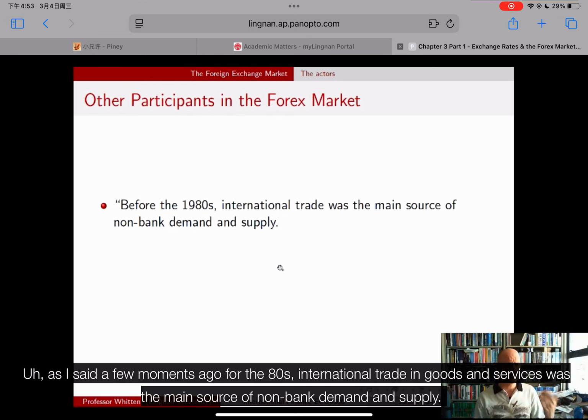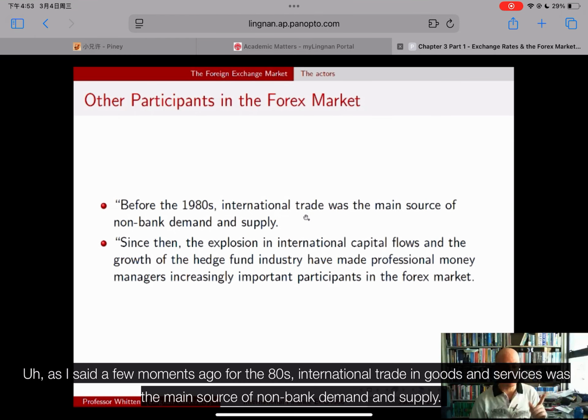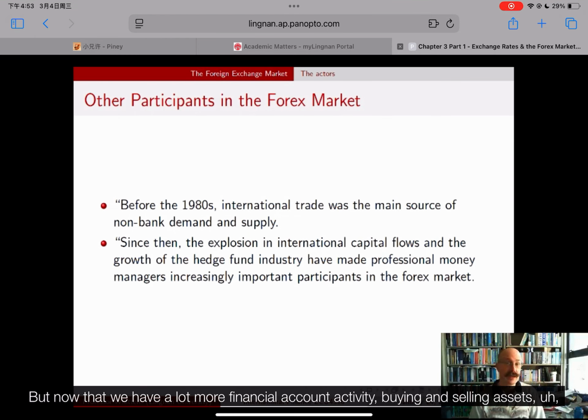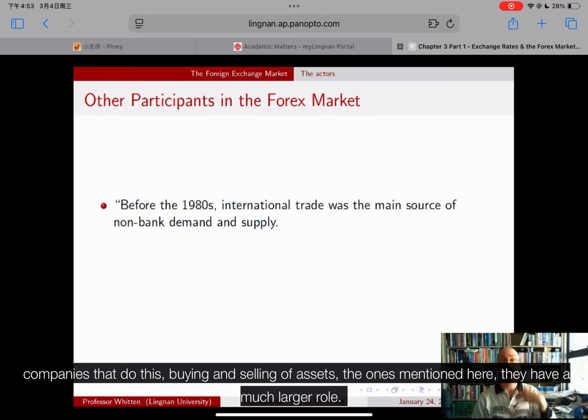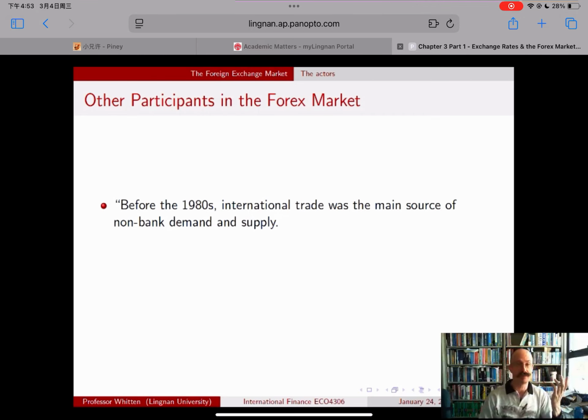As I said a few moments ago, before the 80s, international trade in goods and services was the main source of non-bank demand and supply. But now that we have a lot more financial account activity, buying and selling assets, companies that do this buying and selling of assets, the ones mentioned here, they have a much larger role.